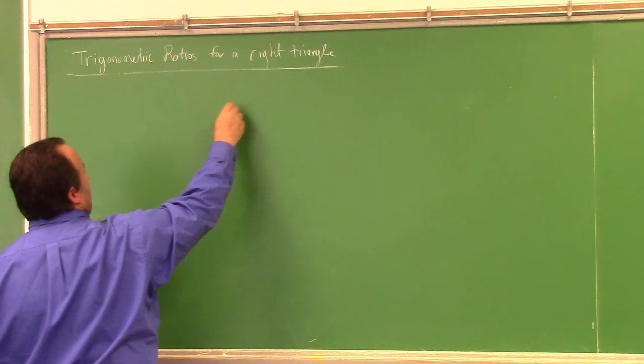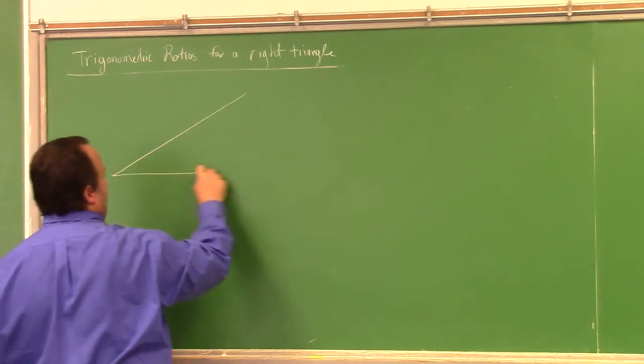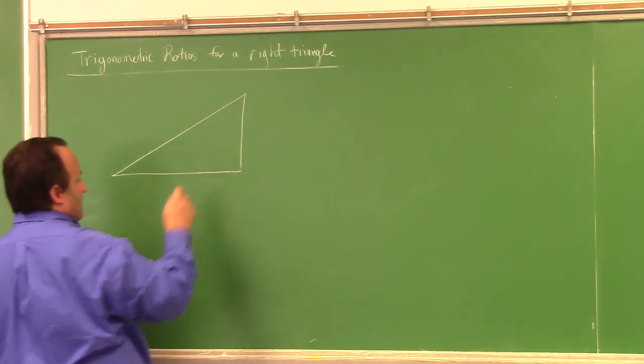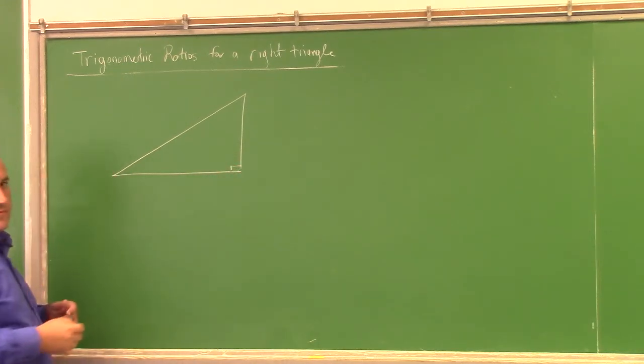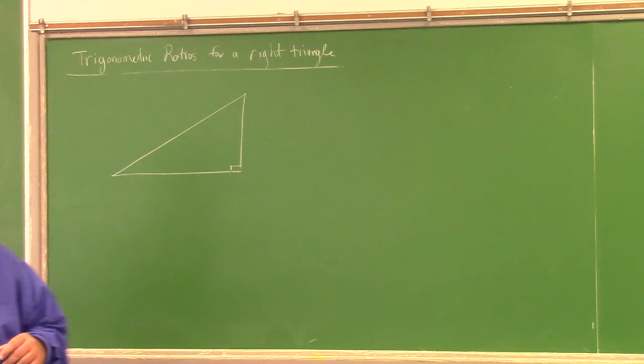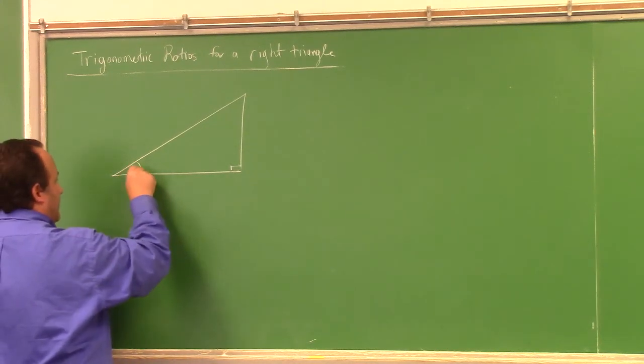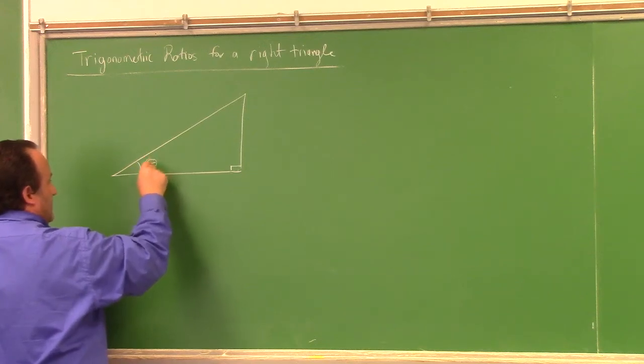All right, so here it is. This is a right angle by assumption. Make that little thing there to indicate 90 degrees, right? And I'll call this angle over here theta for the sake of discussion.